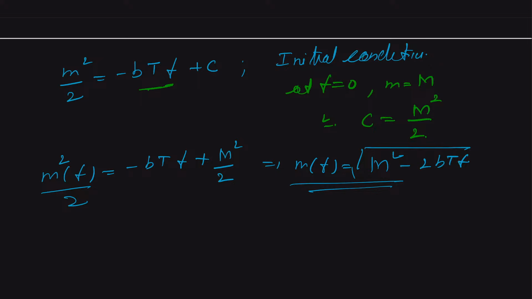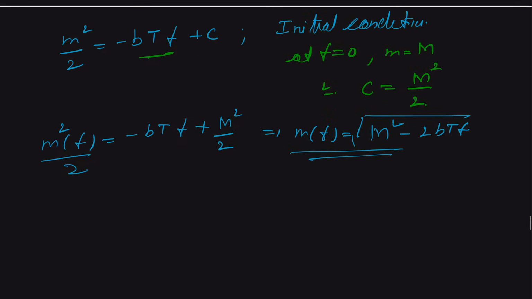And from here we can see that the mass is decreasing with time, but that decrease is not linear. We already know that from the given equation also. And this equation should be valid. The square root should not contain the negative sign.